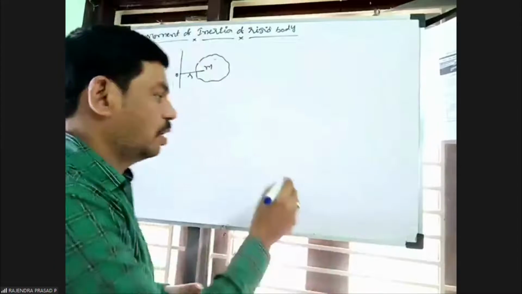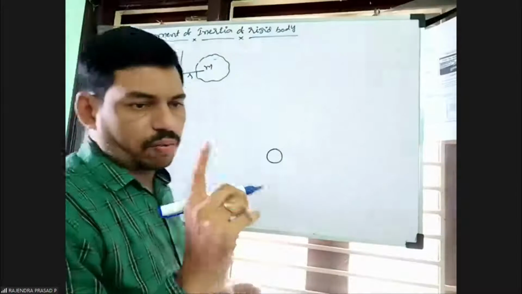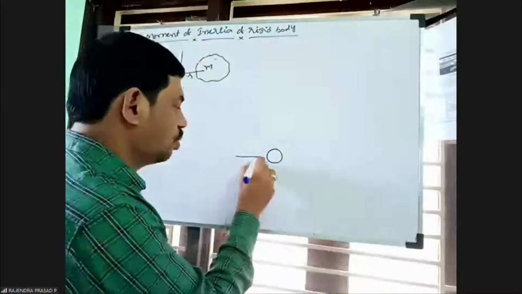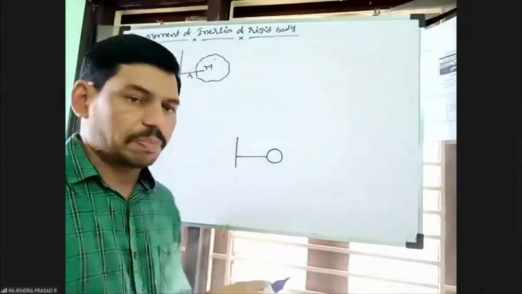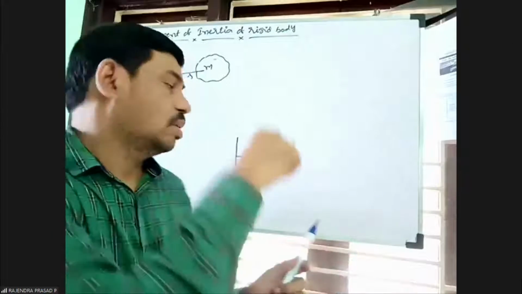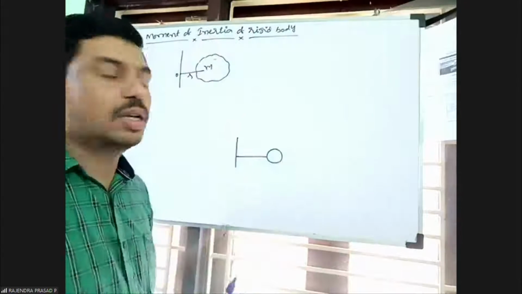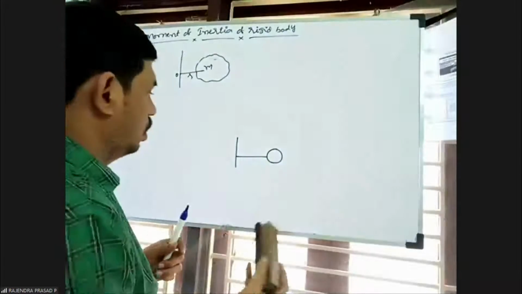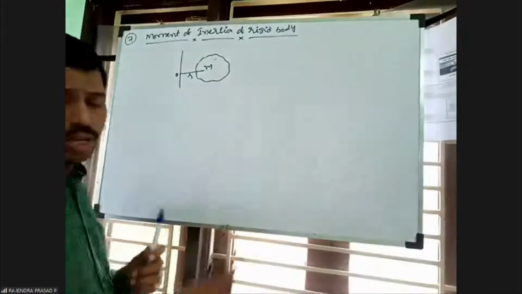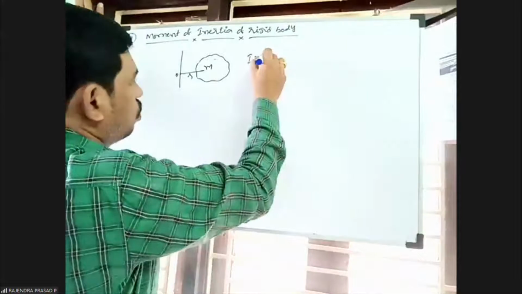For example, this is any one object. One end of the thread or string is attached to the body. The other end is held in his hand. He rotates it in a circular path. So the body is rotating about an axis, about a finger. Same. So moment of inertia is denoted by I. So I is equal to mr square.